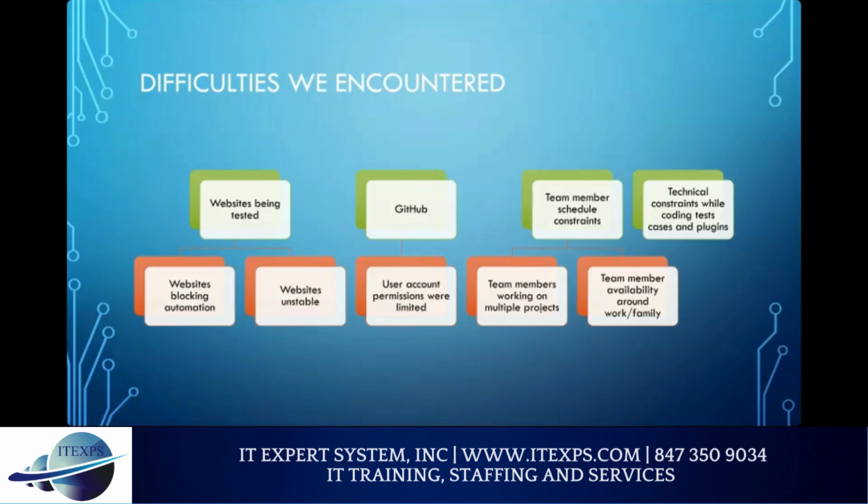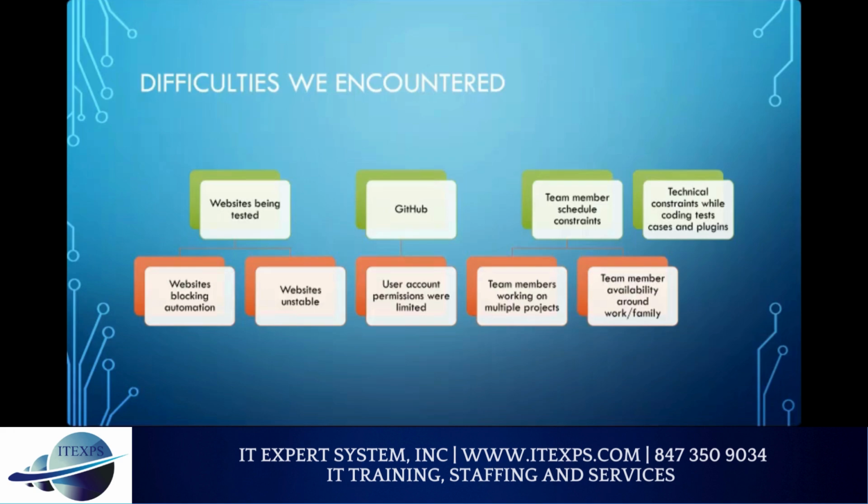Some of them had very robust cybersecurity measures, which blocked our automation testing. Some of the websites were, we thought, a little too unstable to use, and there were too many bugs that we found in it. And when trying to execute the test cases, we weren't able to get reliable or consistent information out of it.